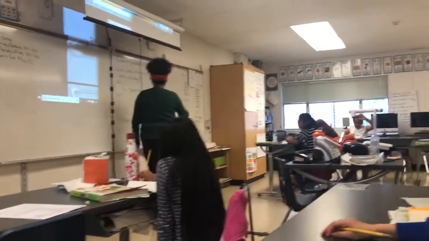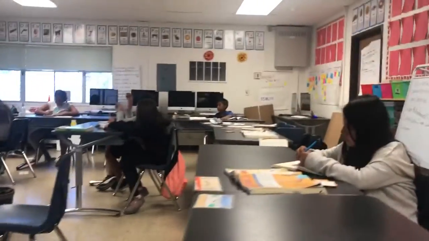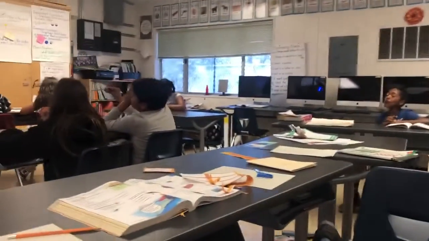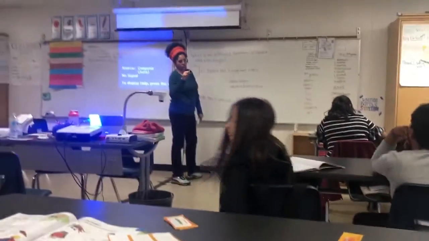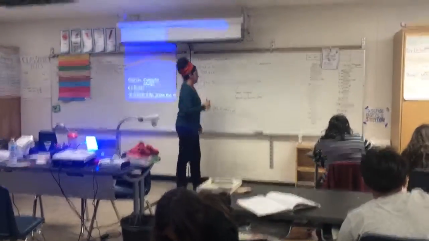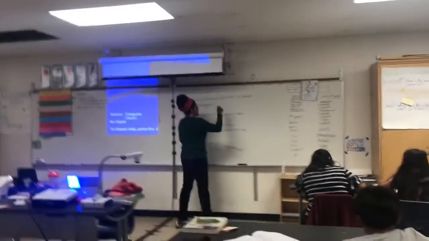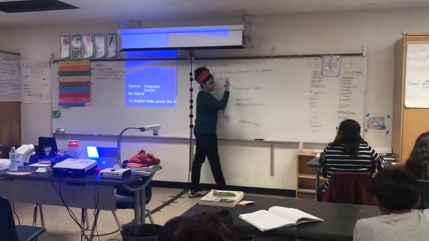If you add all the 5s, it's 20, but if you do area, which is all the inside, 5 times 5 is 25. So area is going to be, we'll get to that later.